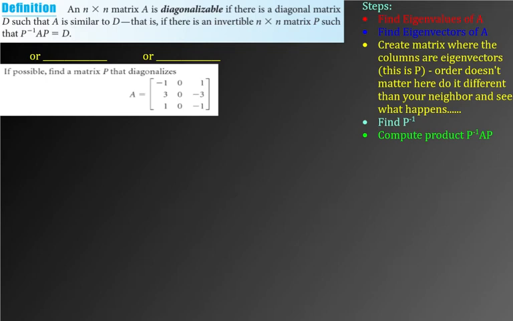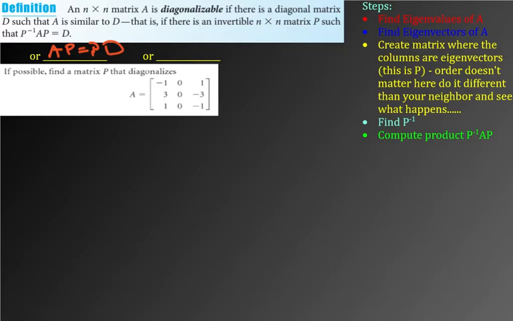Okay, and don't forget too that this is just typically how you write it, but you can write that a few ways. You could also write AP equals PD, right? Because of P inverse, you could just multiply on the left by P and then kill off the P inverse there.